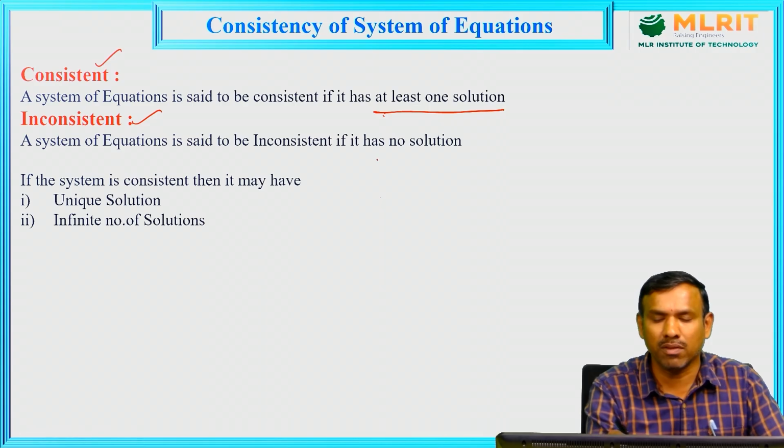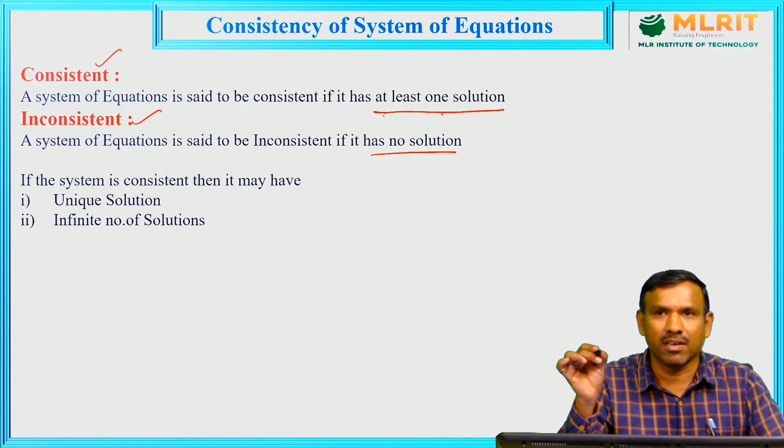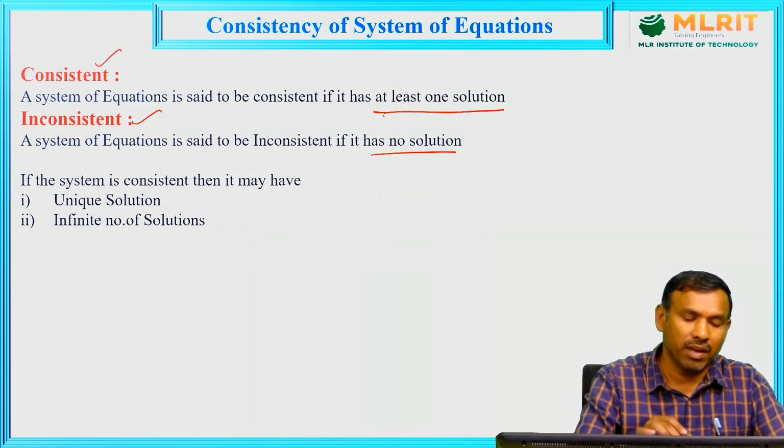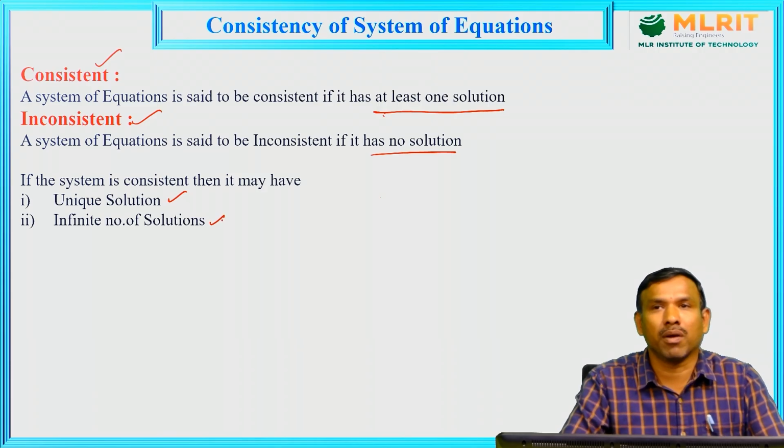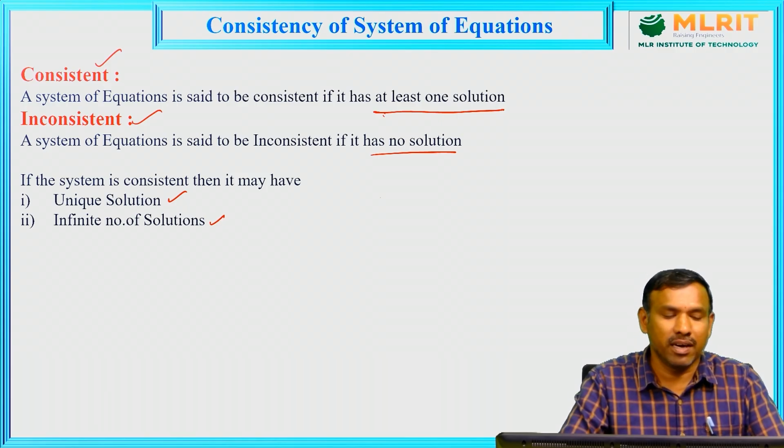Whenever the system is consistent, it may have a unique solution or an infinite number of solutions. In both cases we say it is consistent.